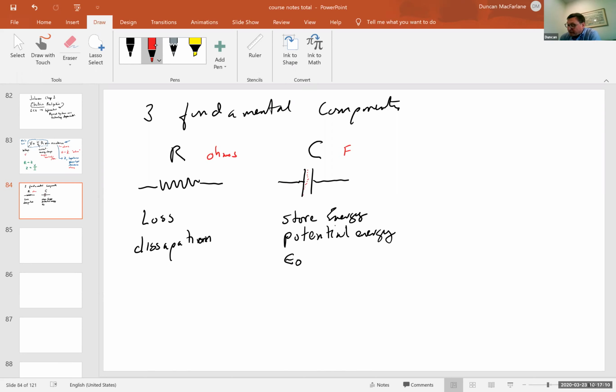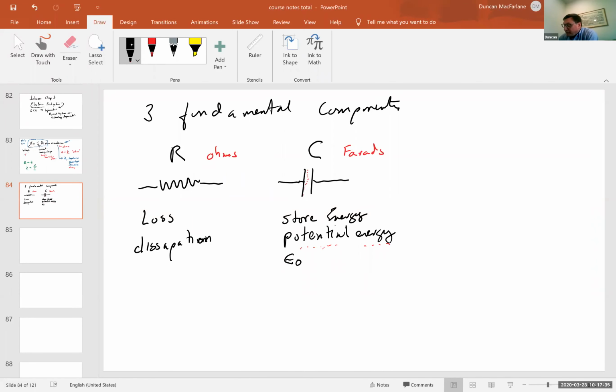It had units of farads per meter. So there was an acknowledgement in that electromagnetics law that potential energy was an important piece of the puzzle. And so at a circuit level, the role of potential energy is played by the capacitor.